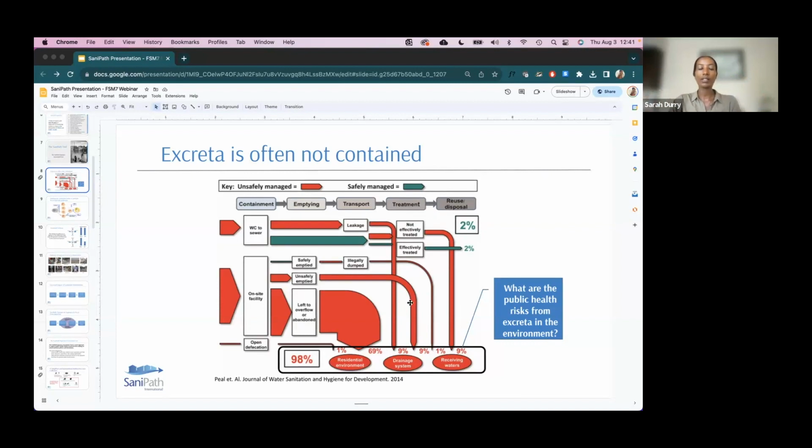And the diagram is actually not developed by our team. It's a separate tool, but it's one that we find is a great complementary tool to think about before we start the SaniPath work.